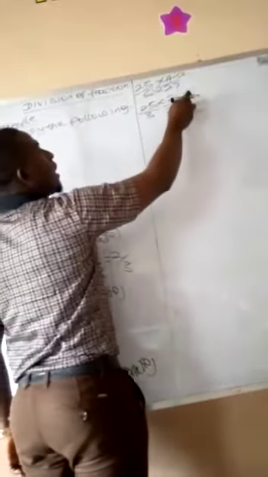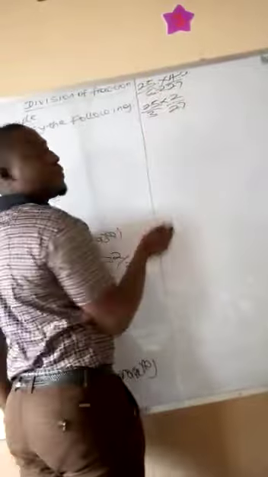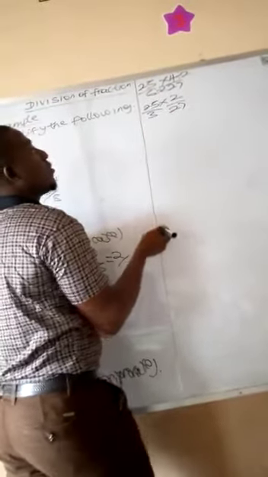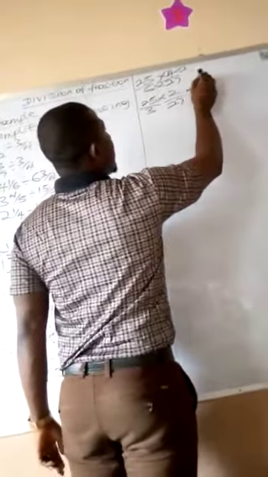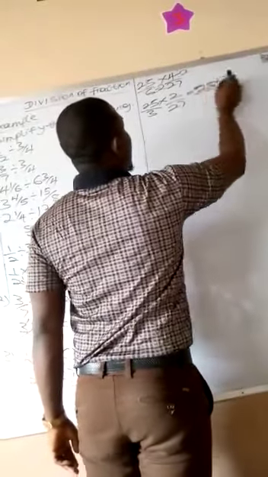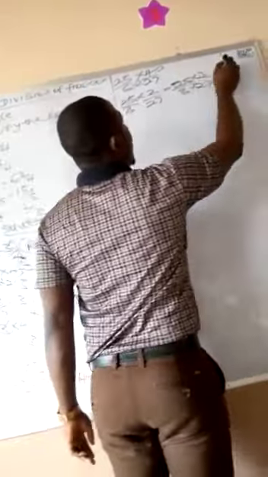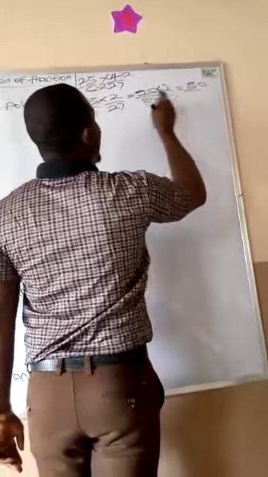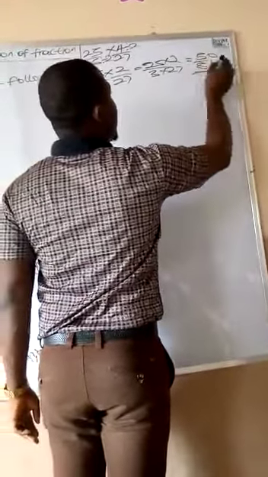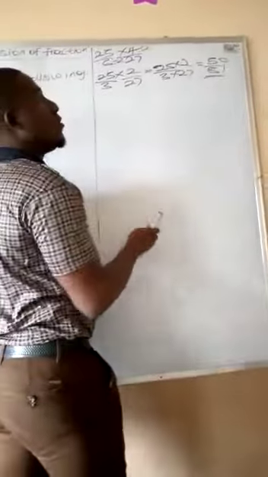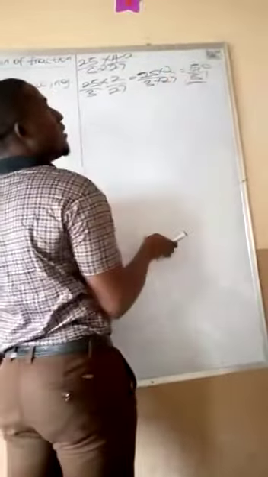Now, there's no number that can go into 27 and go into 25. So we're going to multiply the numerator and multiply the denominator. And this is going to be 50, and the denominator will be 81. Since there's no number to reduce, we are going to leave it like this.